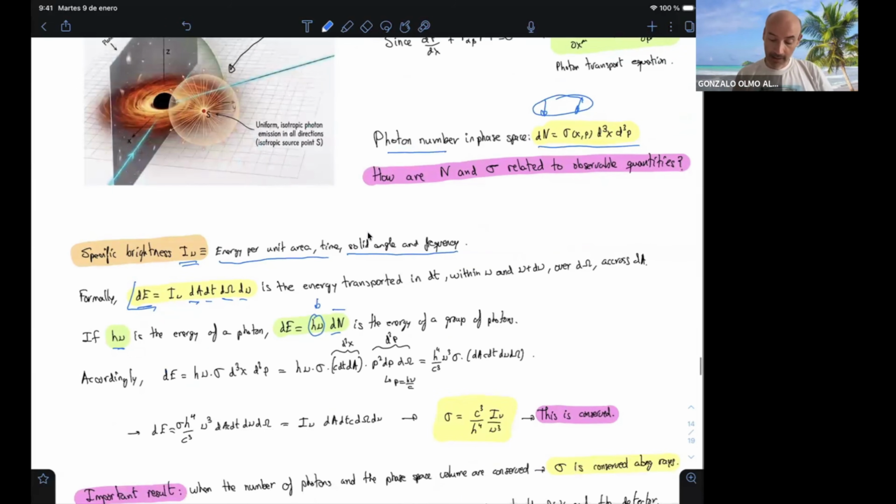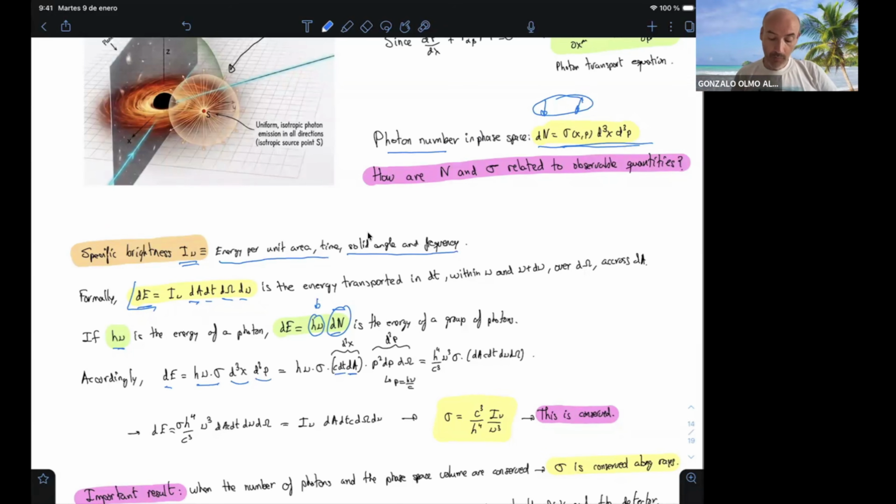Okay, and then we can compare this with the, well, this dn is written in terms of sigma, and we need to expand this volume element in space. Remember, we have a transverse area and then the motion of the photon. The other length is c dt, okay?